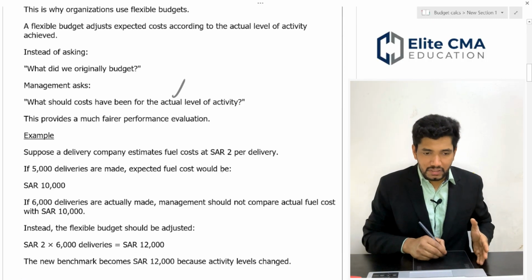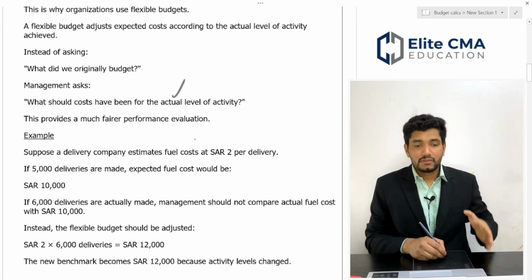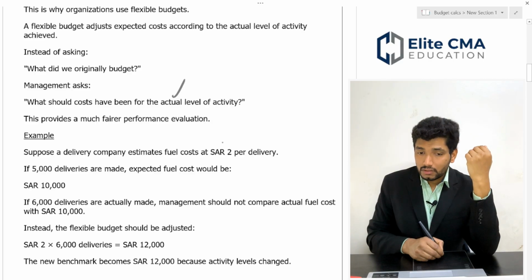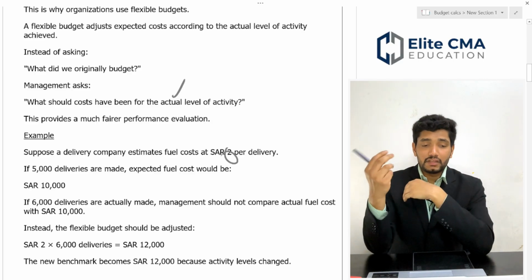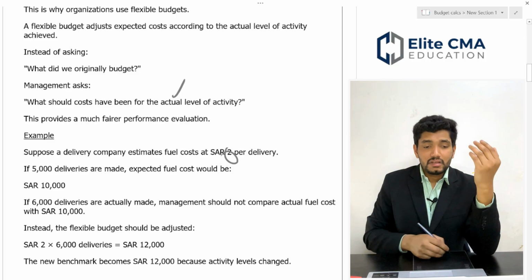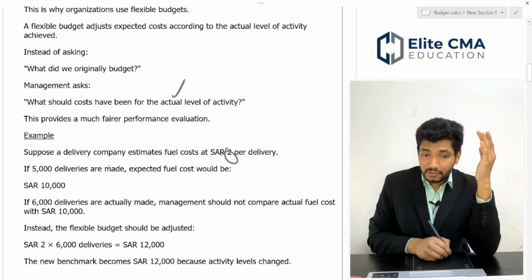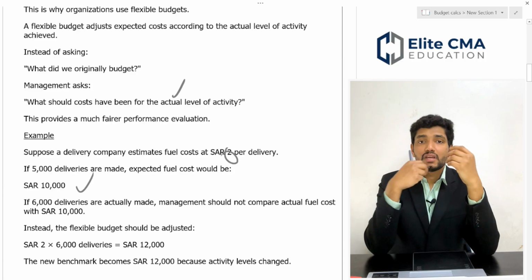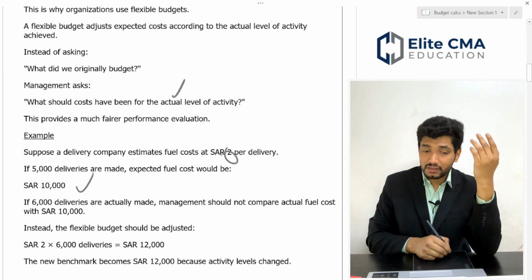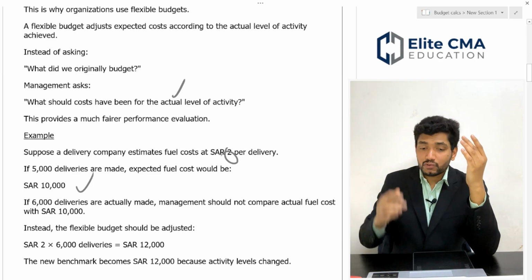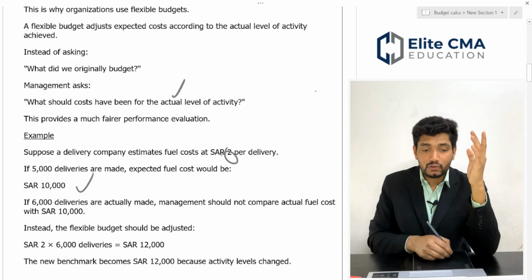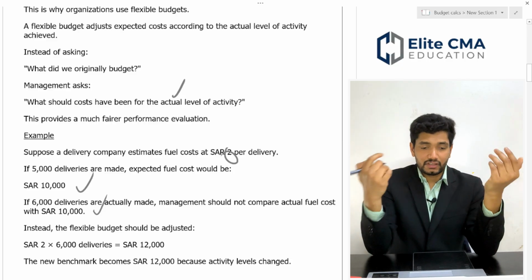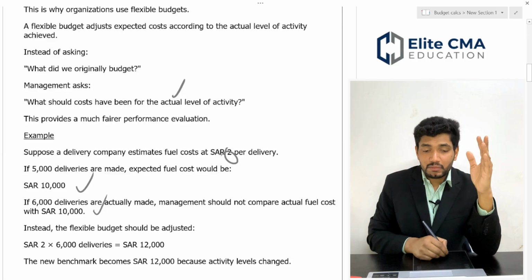Just take another example. Suppose a delivery company estimates fuel cost at $2 per delivery. If 5,000 deliveries are made, the expected fuel cost will be 10,000. If 6,000 deliveries are actually made, the management should not compare the actual fuel cost with the 10,000, because the activity level has changed.